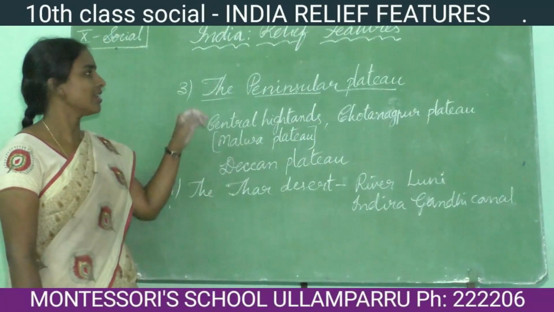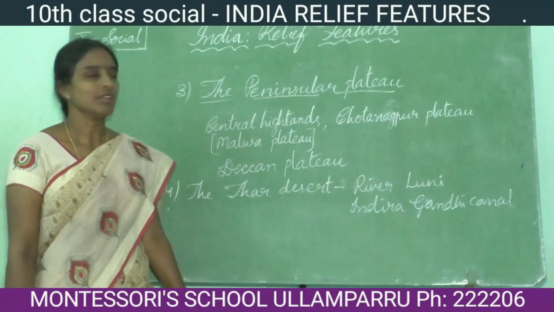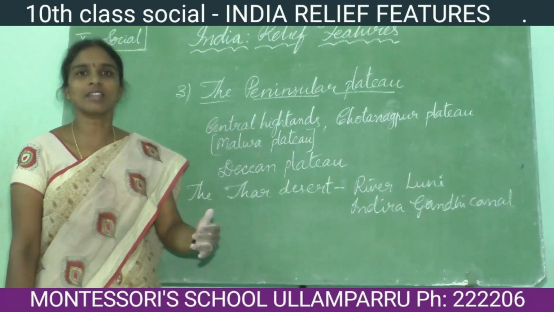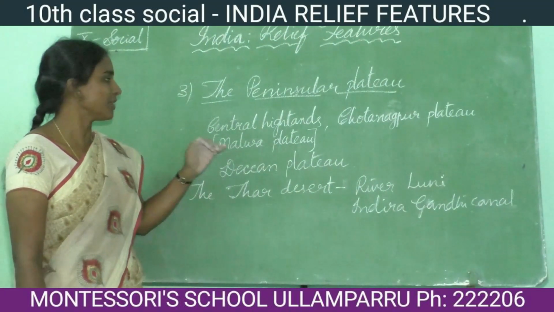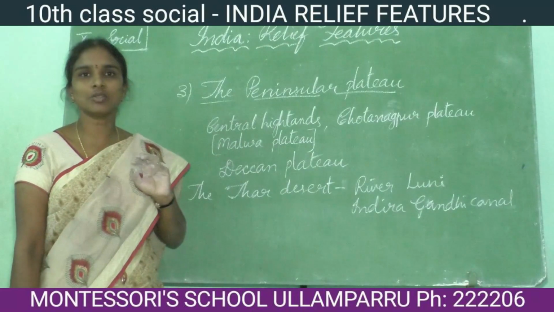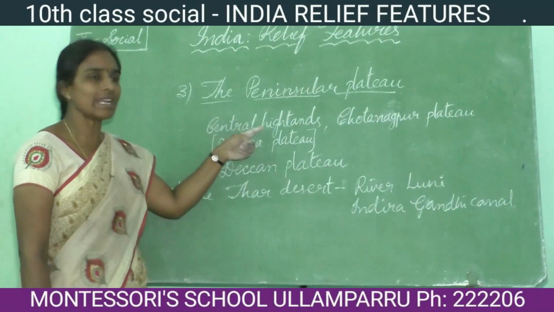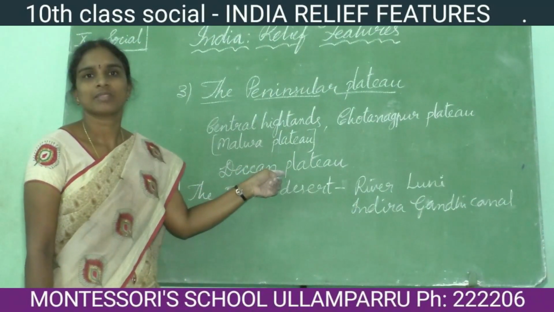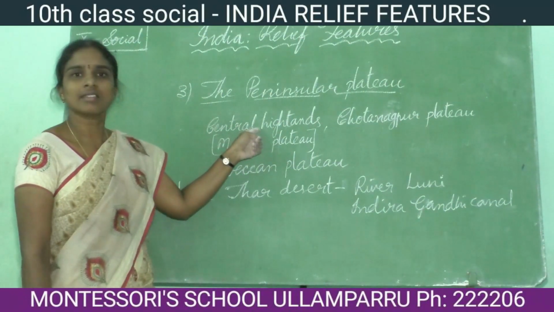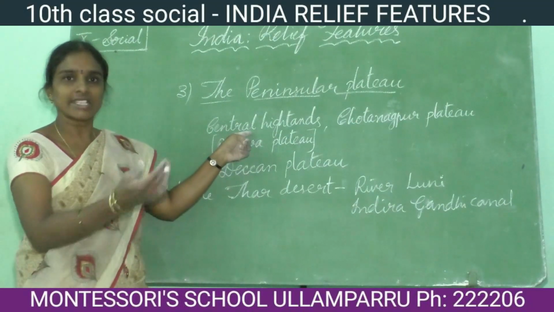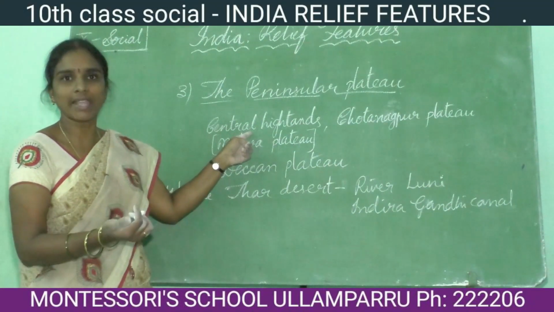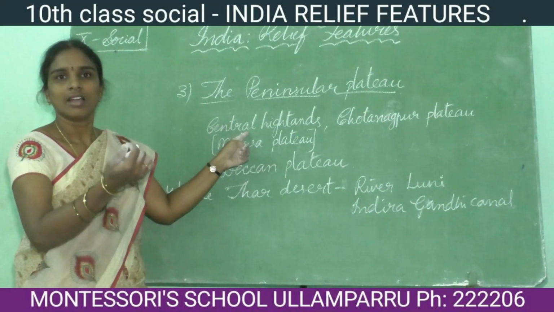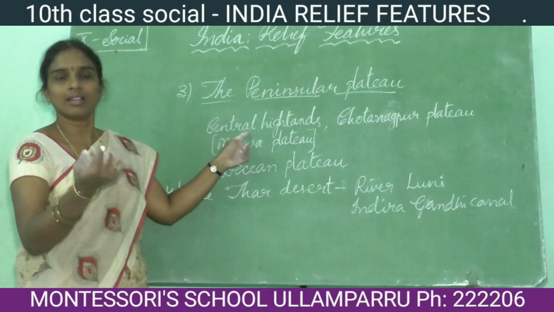The next feature is the peninsular plateau. The peninsular plateau comes to the southern part of India, where we can say that it is also divided into three parts: the Central Highlands, Chota Nagpur Plateau, and the Deccan Plateau. The Central Highlands start adjacent to the Ganga plain and extend up to the Narmada basin.